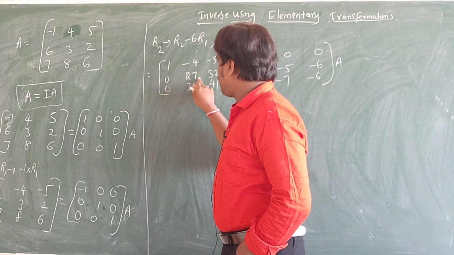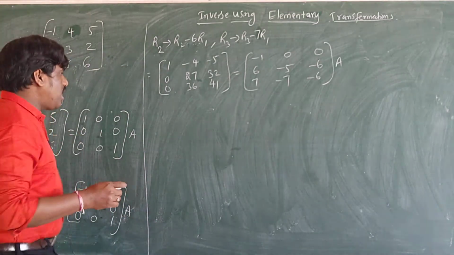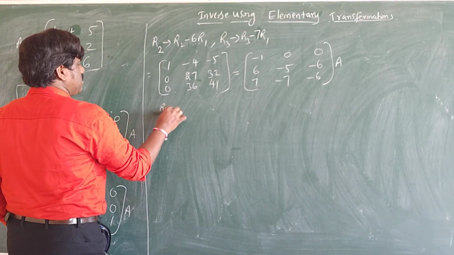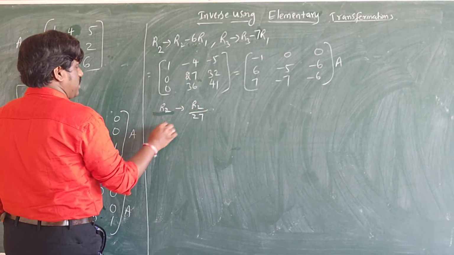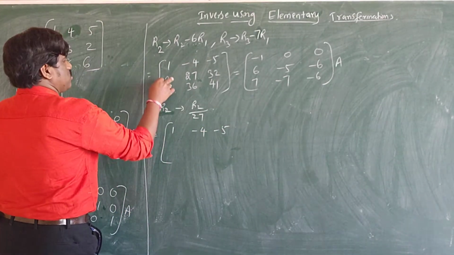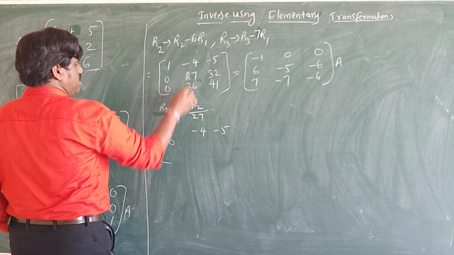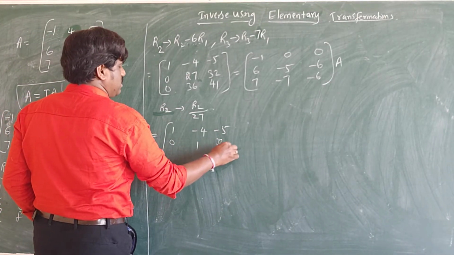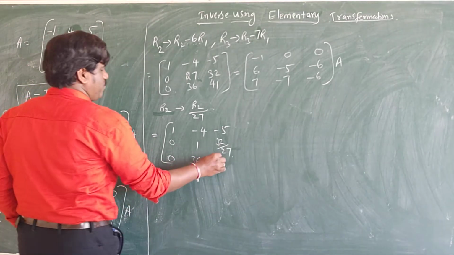So if I want to make this 1, what do I have to do? It is 27, divide by 27. So R2 implies R2 divided by 27 we have to use. So what will I get here? 1, minus 4, minus 5. Divide here: 0 by 27 is 0, 27 by 27 is 1, 32 by 27, 0, 36, 41.